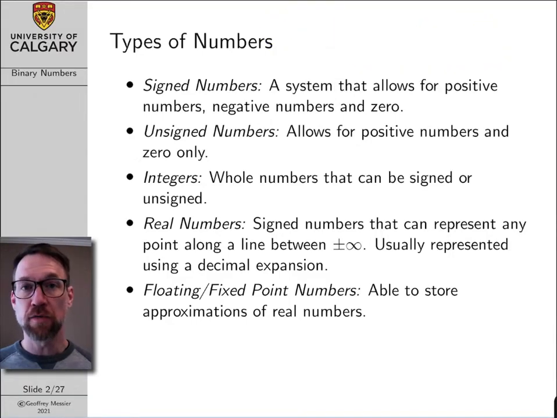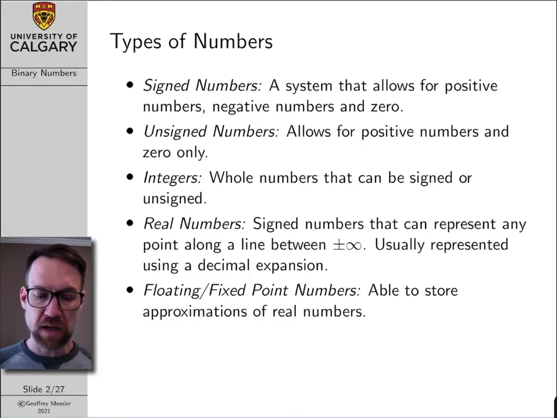Unsigned numbers allow for positive numbers and zero only. We're not allowed to have negative numbers working with an unsigned number system. The reason why we make the distinction is because when representing numbers using binary digits, sometimes we do use an unsigned number system if it's not important for us to have negative numbers.